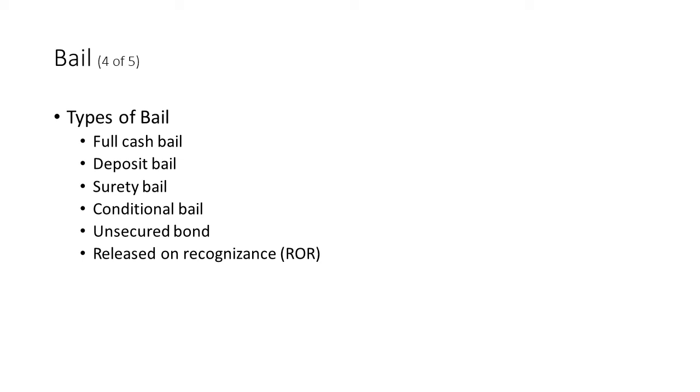So if the bail is set at $10,000 and a family member goes to a bondsman, they'll pay the bondsman 10%, which is $1,000, who will then take that $1,000 and the other $9,000 and pay the bail. And he retains the ability to seek full payment of that money, if the defendant doesn't show up, by a lien on a piece of real estate.